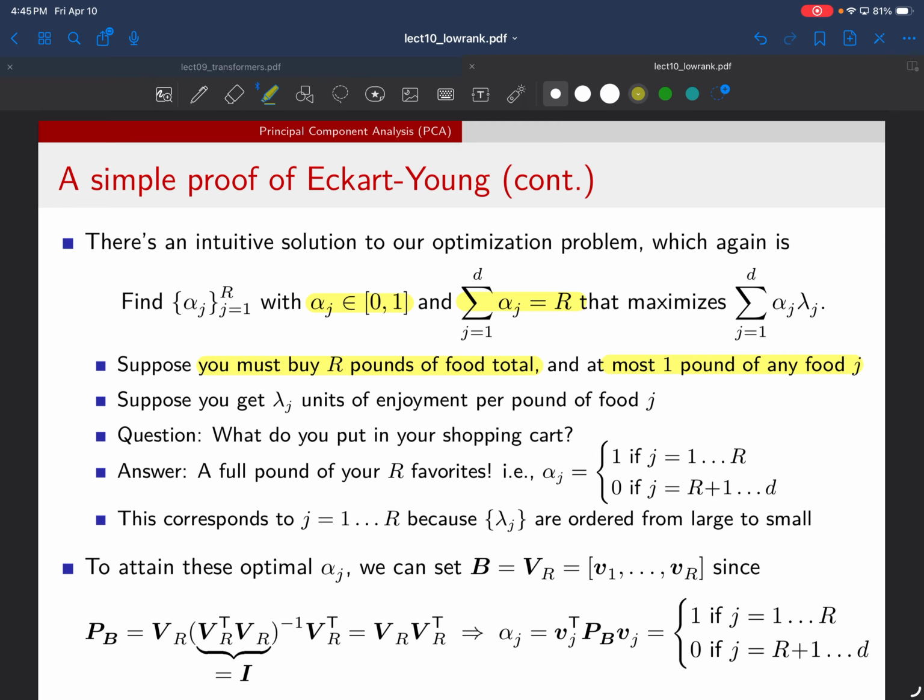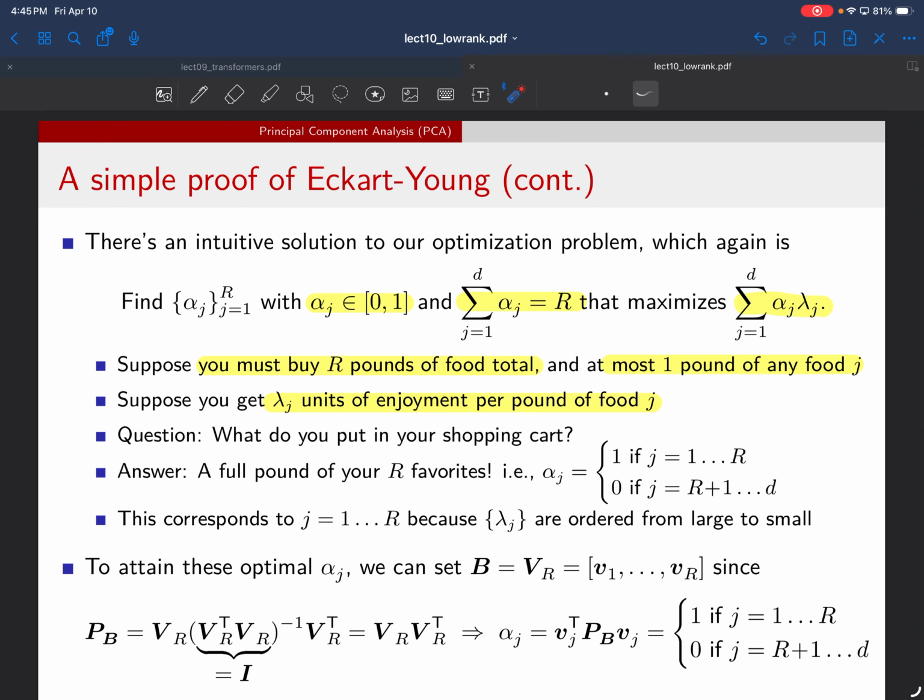Now let's also say that you have your favorites among these foods. And so lambda j is lambda j units of enjoyment per pound of food j. And your objective is to maximize your total enjoyment, right? This is enjoyment per pound of jth food. This is how many pounds you buy of it. This is your total enjoyment for what's in your shopping cart.